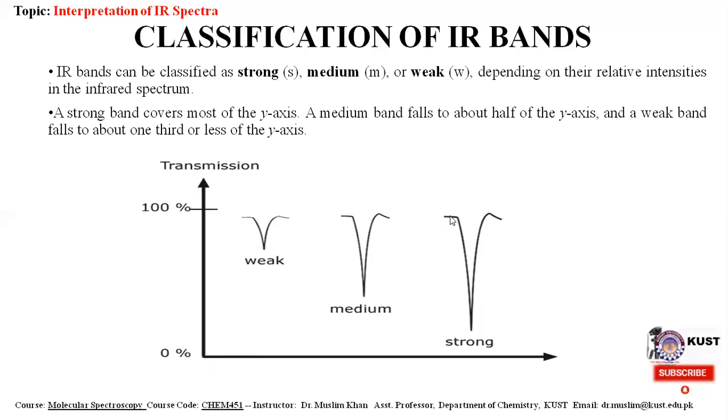You can see here, this is a strong band which covers more of the y-axis in transmitted mode. A medium band like this one covers almost half of the y-axis, from here till here, while a weak band usually falls to about 1/3 or even less of the y-axis. So these are classified in this way.